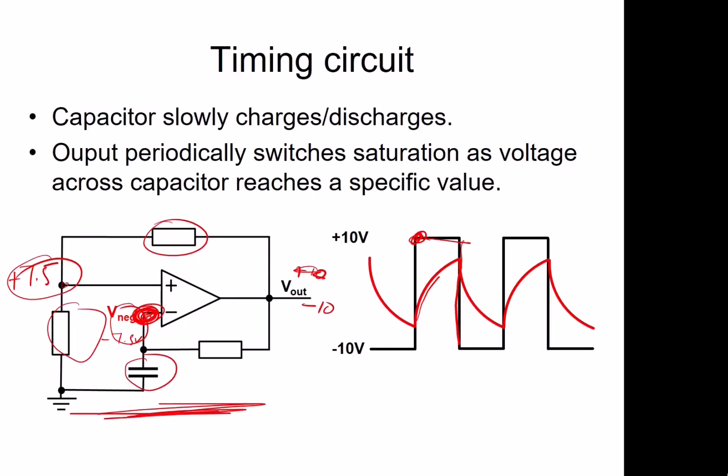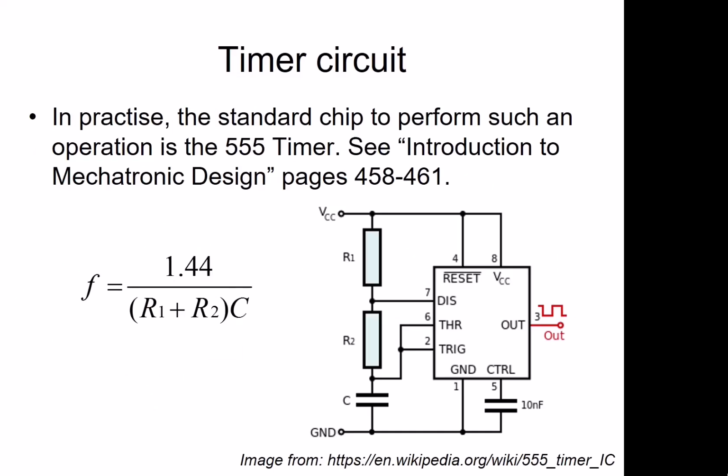However, with most circuits today, you can actually buy them pre-packaged. So if you do want an oscillating output, the standard chip to buy would be a 555 timer. It works in a similar way, but all the electronics is packaged up in a chip.